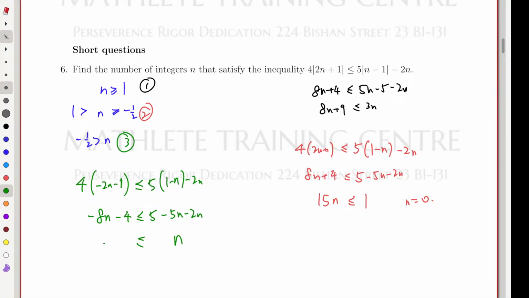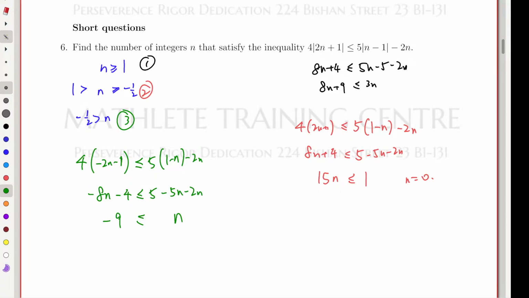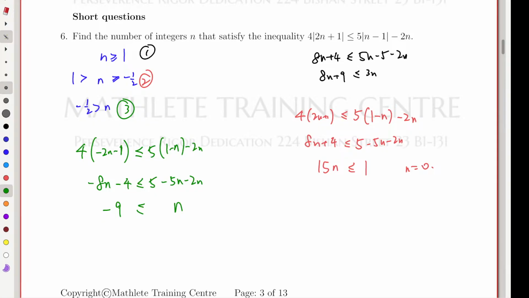When you move all the n to the left side, you can get minus 9. So what does that mean? It means that as long as n is at least minus 9, this will be true. Right. So in this case, n is going to be negative 9, negative 8, negative 7, and so on, until negative 1. So these are all the possibilities that work.